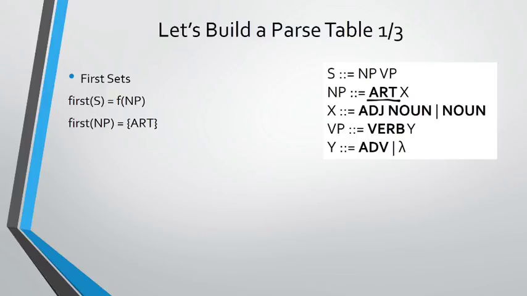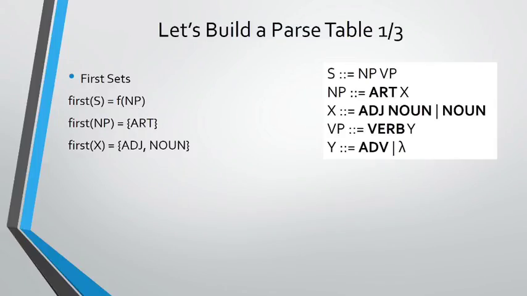With that knowledge, then, we can actually back up and say, okay, so the first set for S is equal to the first set of noun phrase, which is equal to the set that contains the terminal article. Okay, so this was just this recursive process we already looked at.